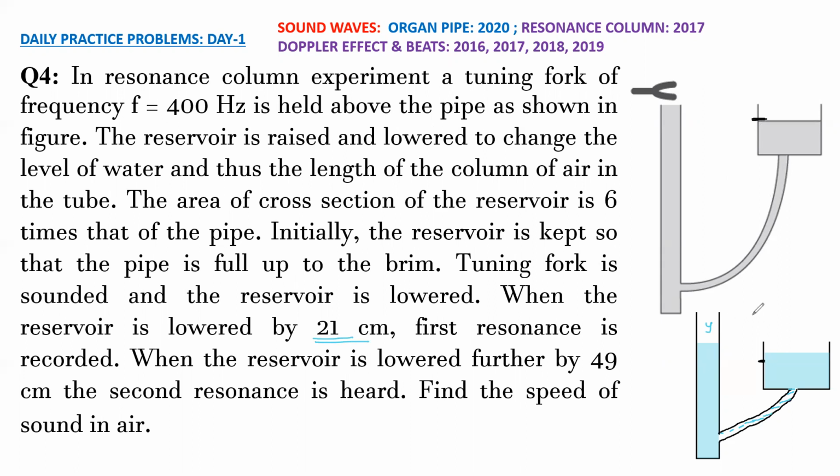Actually what it means is the original level of the liquid in the reservoir will be on par with the top edge of the resonance column. And if you lower the reservoir by 21 centimeters, in order to match the levels in both the resonance column and the reservoir, what will happen is what we are going to see.